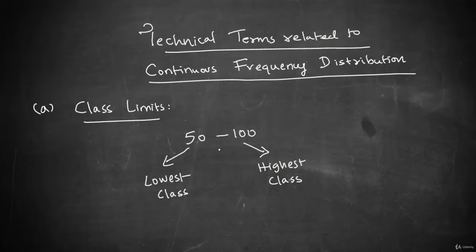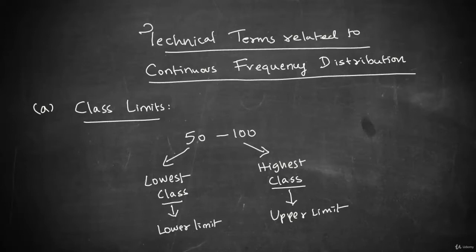The boundaries of this class are nothing but this lowest class and highest class, and so we call this the lower limit, and we call this one the upper limit. So lower limit conveys that there cannot be any other items below that value in the particular class, and upper limit conveys that there cannot be any other value which is greater than the upper limit.